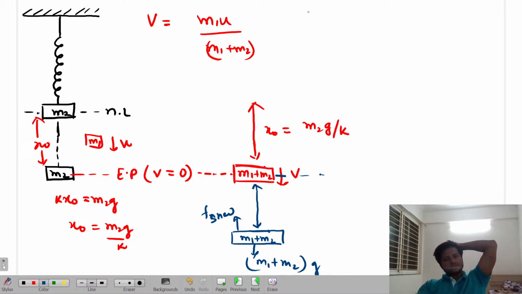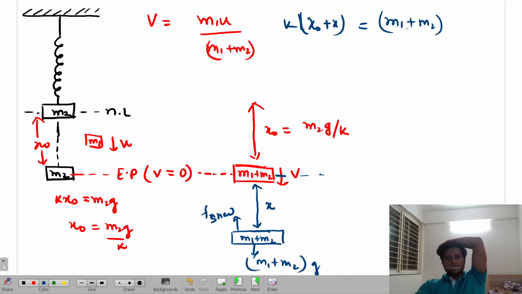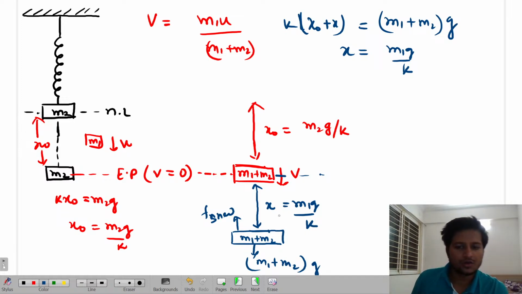So let us call this displacement x. So k into x naught plus x must be equal to m1 plus m2 into gravity g. So what is x? m1g by k. बात सिंपल है ना, जो ऐड किया मास, जो रिमूव किया मास, उसी से कम या इंक्रीज होगा. Now you understood or not?